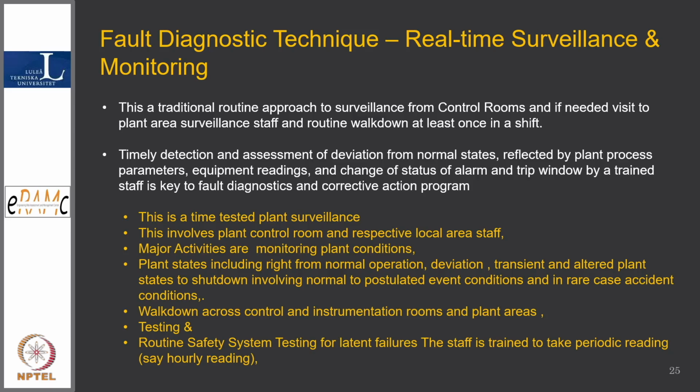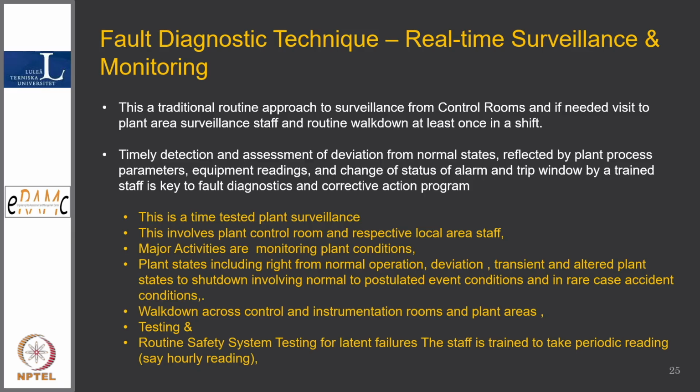That means somewhere some leakages were there, and that can be seen only in a walk down. Otherwise, it will propagate into a catastrophic failure. So walk down the plant, instrumentation room and area. There is very important testing and routine safety system. Routine safety system testing is very important.